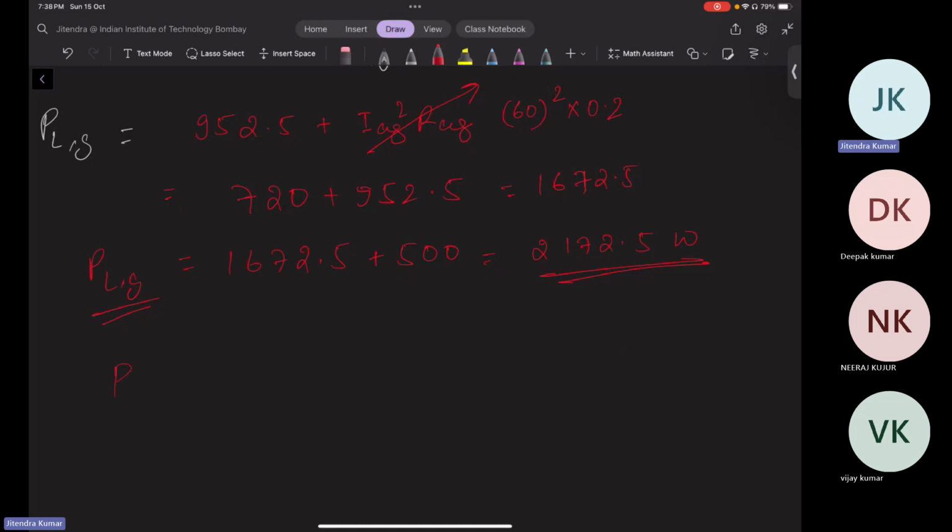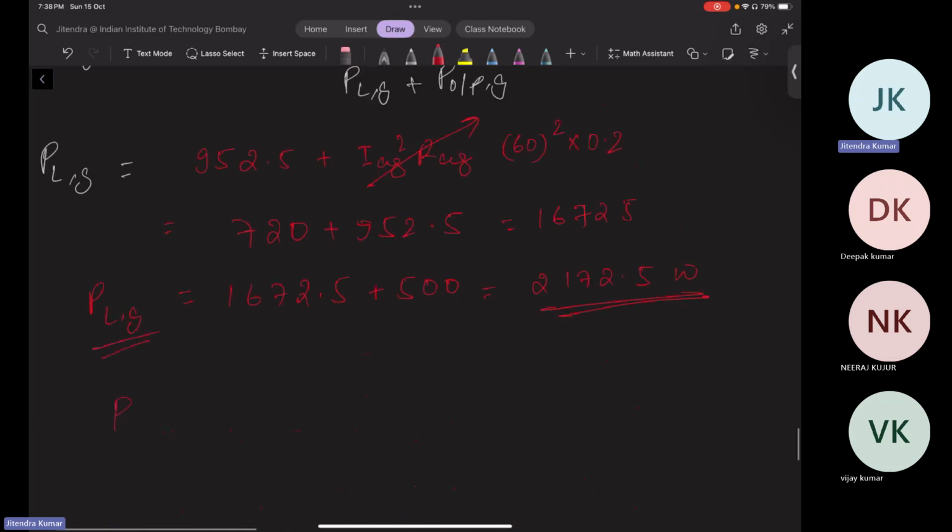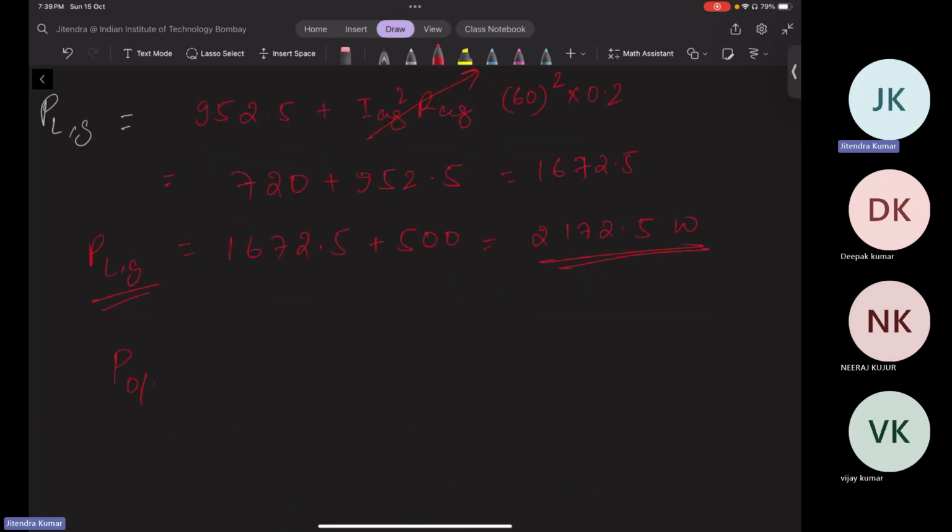Now, input power we have already calculated for generator, right? Now, output power of the generator, how much will it be? E_g into I_g is for input of the generator.